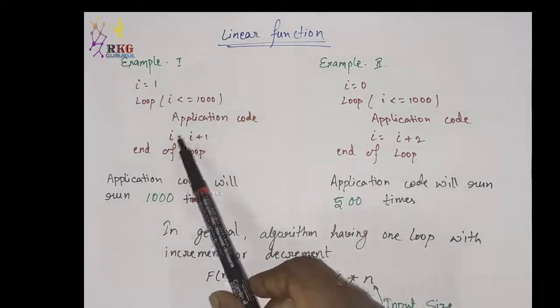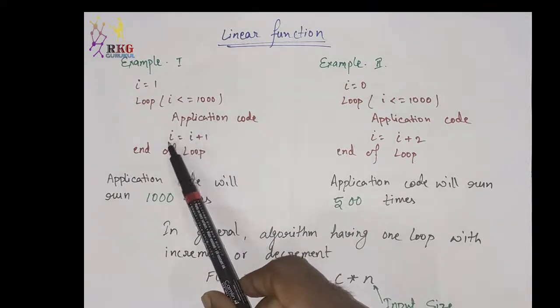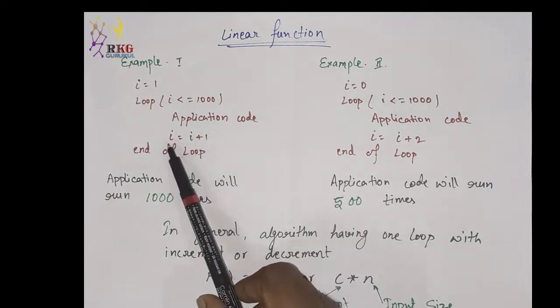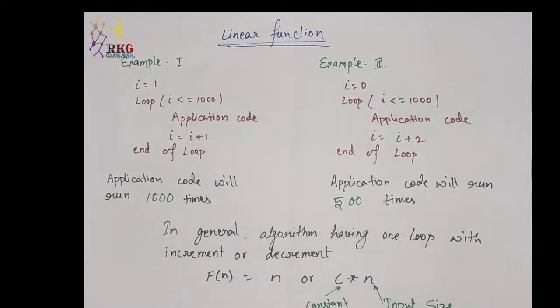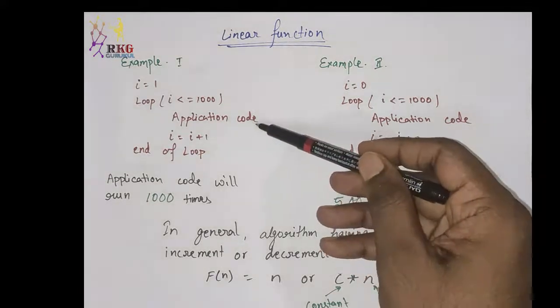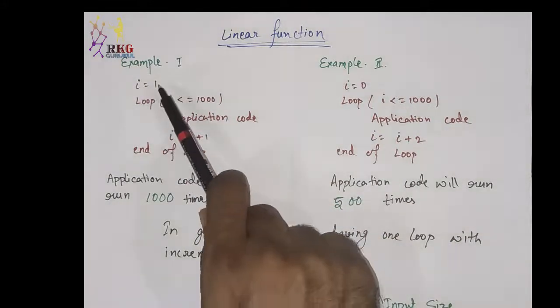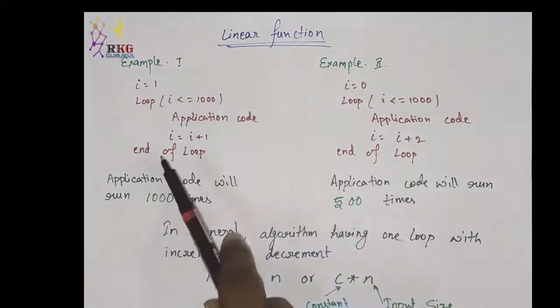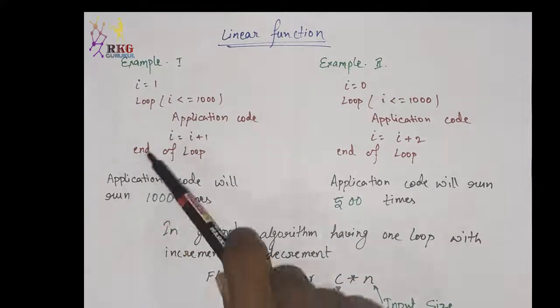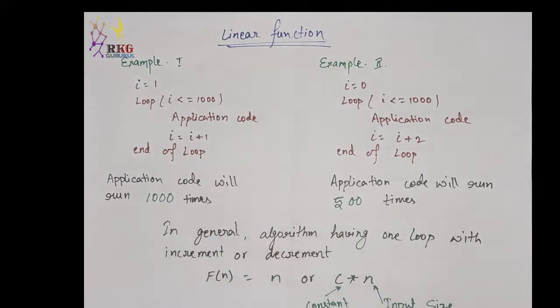I have written some application code that may be a key operation of this algorithm, and control over the control variable, that means changing I is equal to I plus 1, end of the loop. So now the question is how many times this application code is going to run? The answer is simple. I have to start from 1 to 1000 and each time I is going to increase by 1. So the answer is 1000 times.